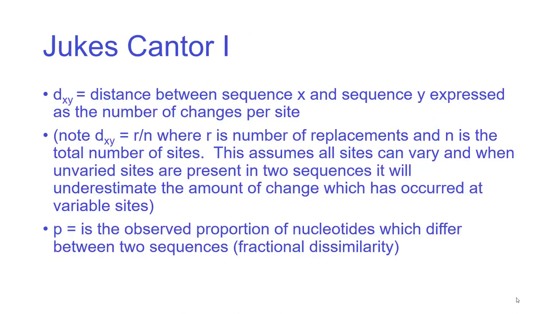So what you can do is figure out the distance d_xy between a sequence X and a sequence Y by the number of changes per site. Remember that sequences are of different lengths, so you have to calculate the number of replacements divided by the number of sites.